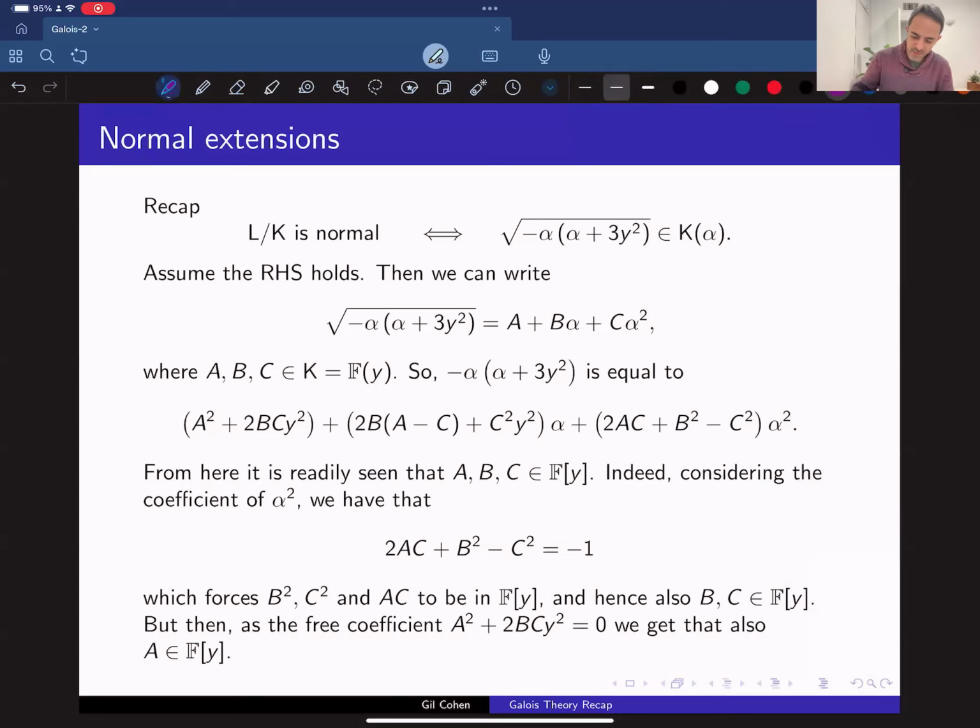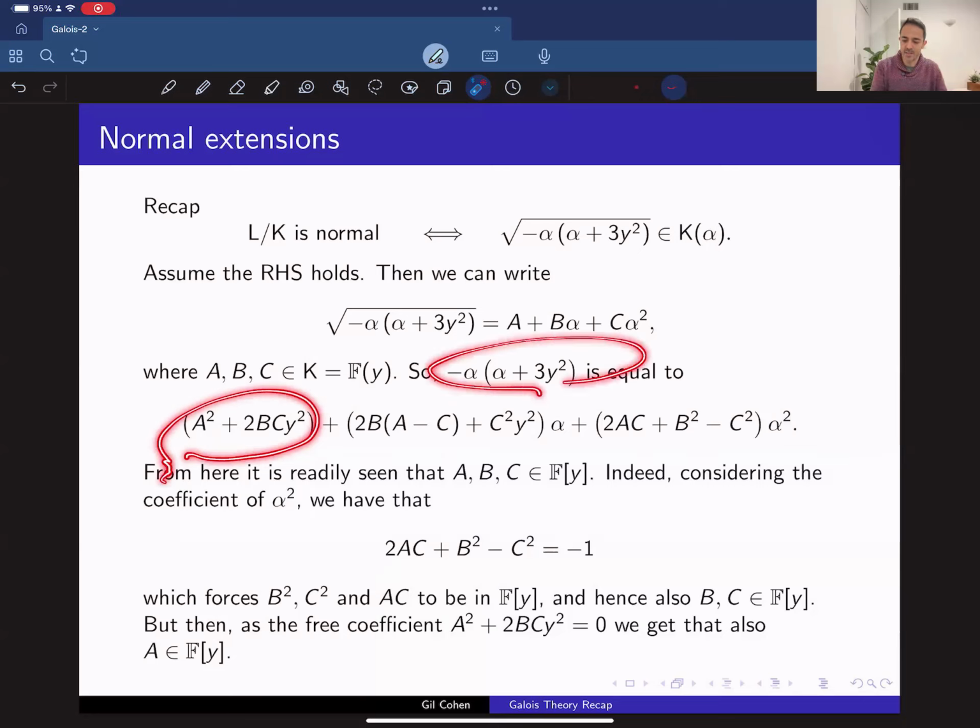Anyhow, we know that B squared, C squared, and AC are polynomials, and therefore also B and C are polynomials. I know that AC is a polynomial, so maybe these are rational functions that are inverses of one another and so forth. But now if I look at the free coefficient, on one hand it's that thing, on the other hand it's 0, because here you have no free coefficient in alpha. So we know that this is 0.